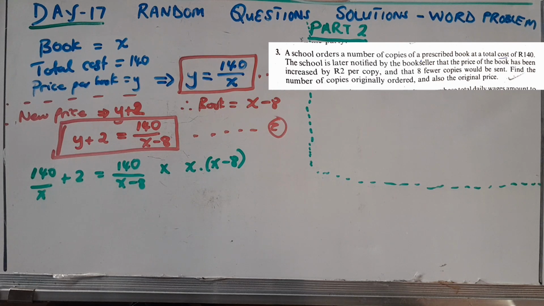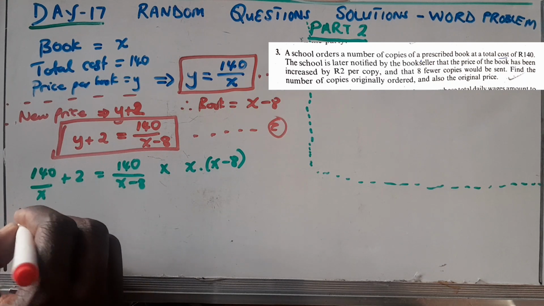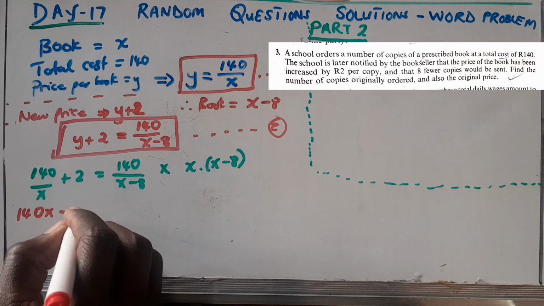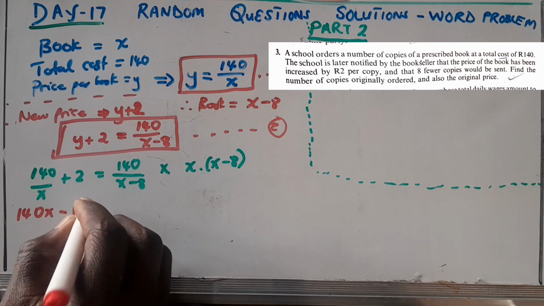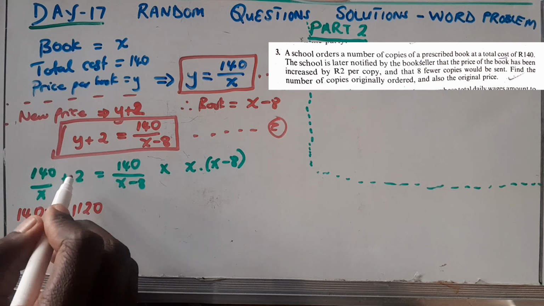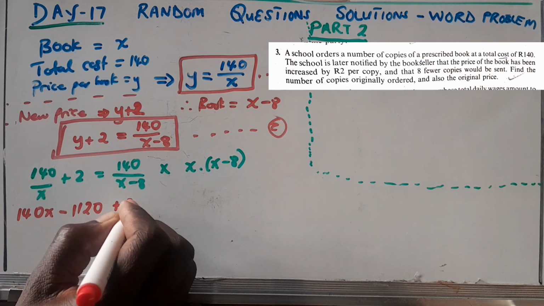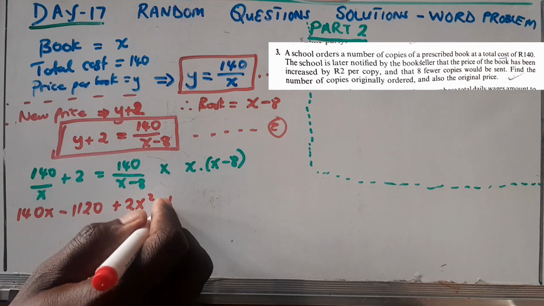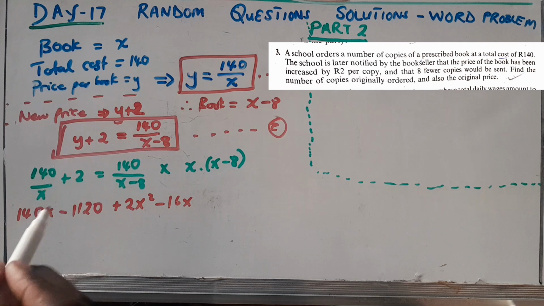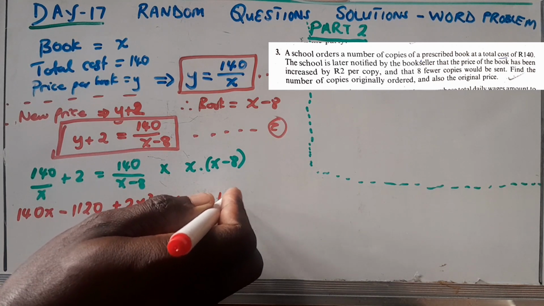So this term will become 140x minus 1120. And then this term, if you multiply by this, will be plus 2x squared minus 16x, because of multiplying this and all that. And this term will just become 140x.